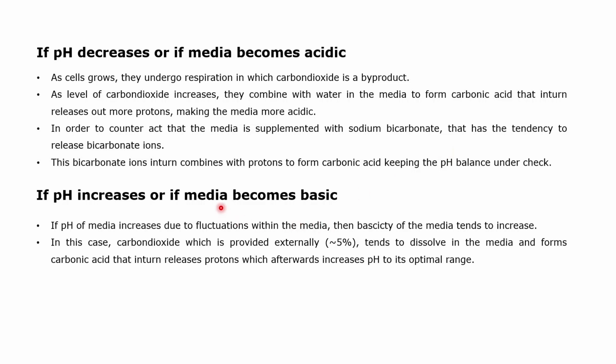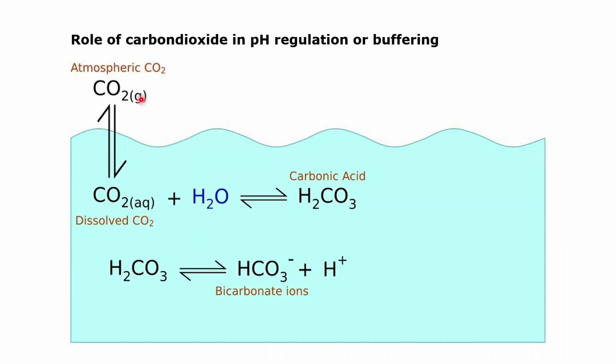And if the media becomes more basic, that is, the pH increases somehow because of the metabolic activities taking place within the media or due to any other changes, then the carbon dioxide that is provided from the atmosphere helps. You have seen that we usually keep the culture plate in a carbon dioxide incubator, right?